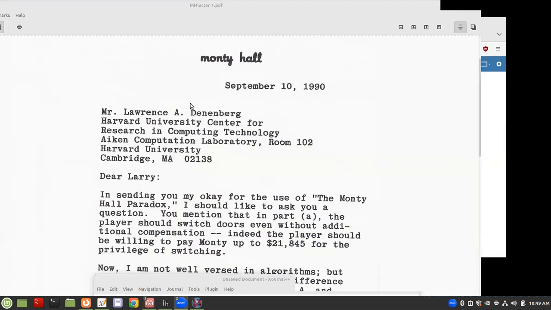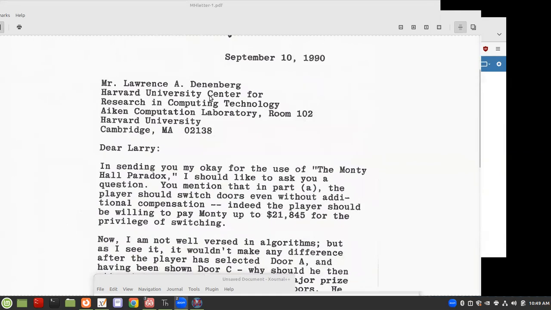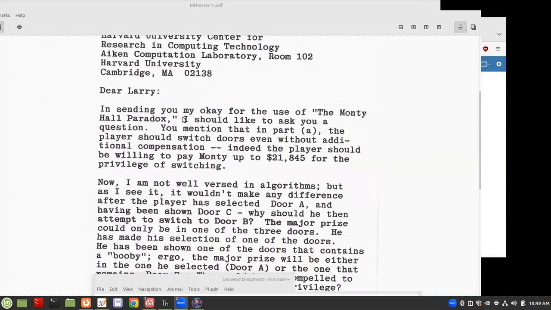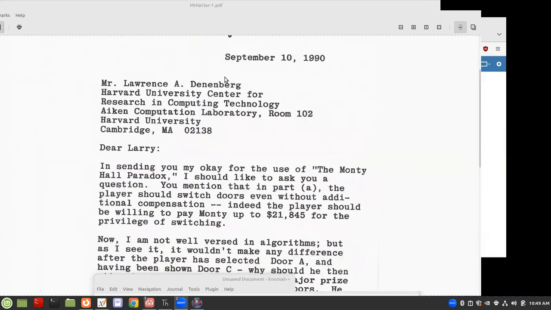So you can take it anyway. He's still teaching discrete math, and here is what he wrote to Dennenberg, in sending my okay for use of Monty Hall. So I guess he had written and wanted permission to use, I think in his course, the Monty Hall paradox.